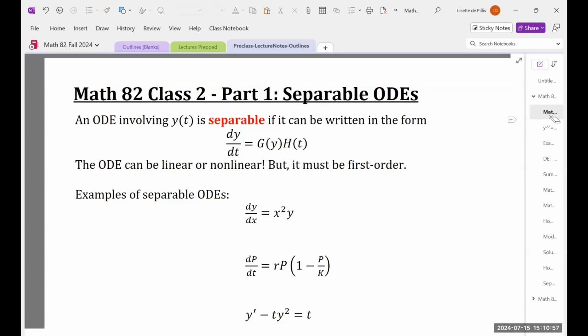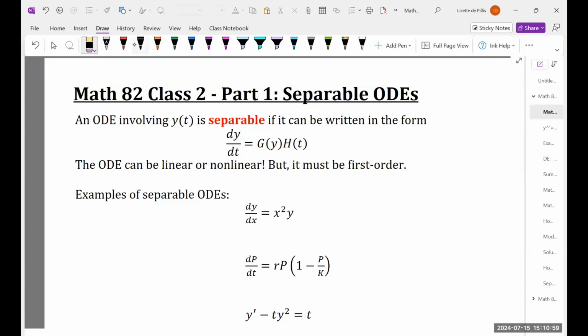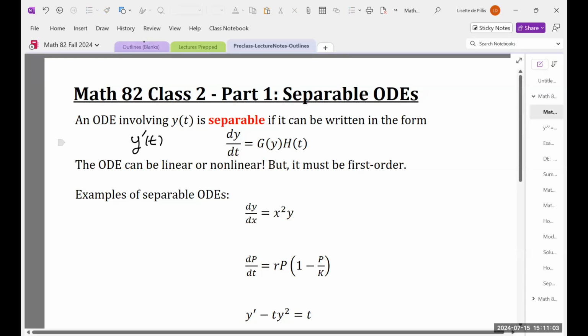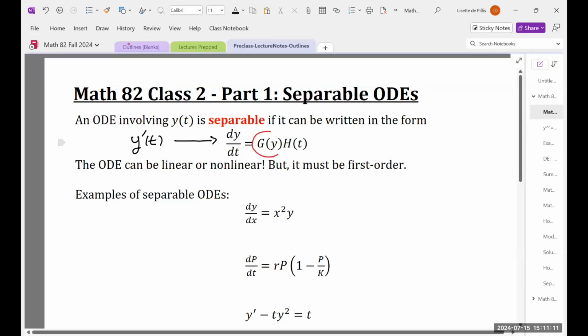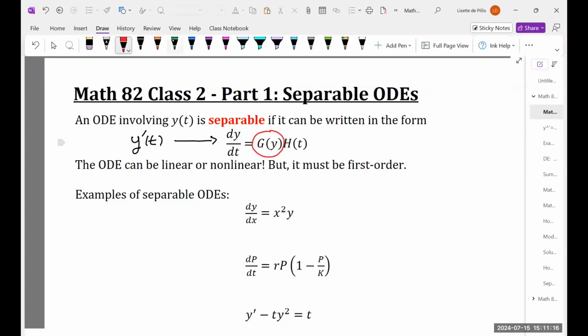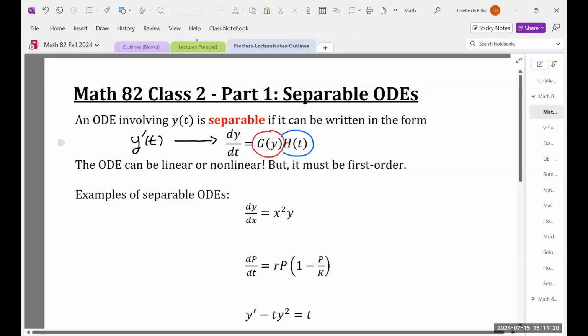So in this case, let me write this here, we have y prime of t, which equals dy/dt, can be written as a function of y by itself, multiplied by a function of t, which we'll call h of t.